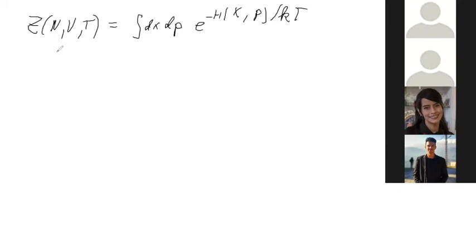Okay, and you remember, we have a very nice definition, an interpretation due to Boltzmann, of the logarithm of the microcanonical partition function. It is entropy, S equals k_B times the logarithm. And who knows what the logarithm of the canonical partition function is related to?